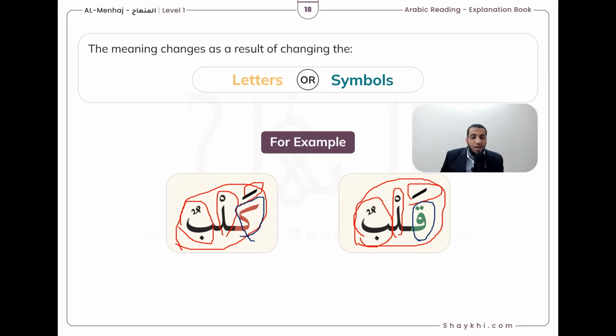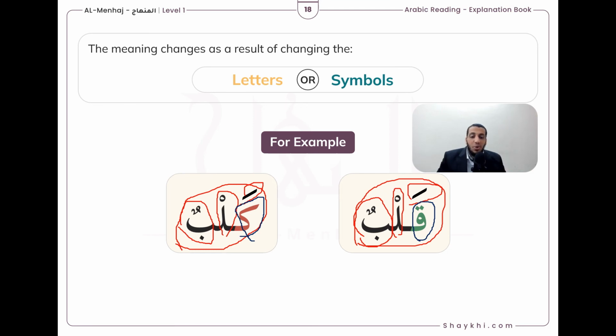So the first letter, qa, is a heavy letter, and the second letter, ka, is a light letter. And yet the meaning is changed. So are the two meanings of these two words similar? No, not at all. The meanings of these two words have no relationship connecting them together. So let's discover what the first word means and what the second word means.